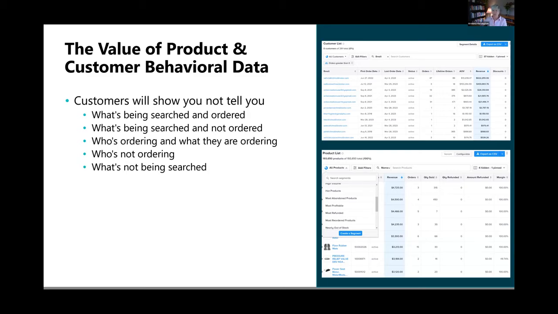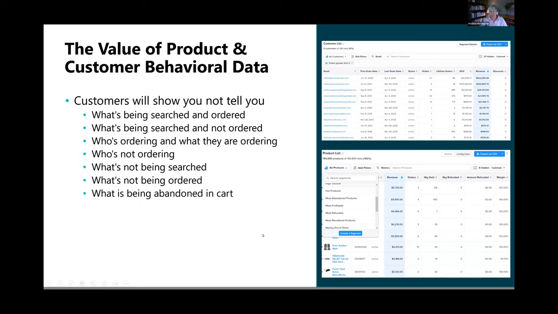But when it comes to the other industrial products that are more common across brands, they may not know that you offer that, and you could be providing them a better experience. So understanding what's not being searched, what's not being ordered, is really critical to help you with your promotions and the layout of your site to give them that information.